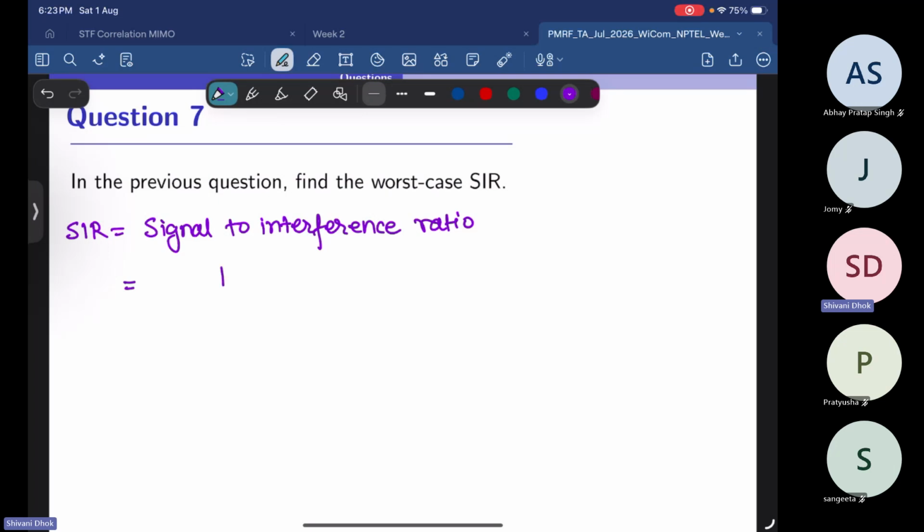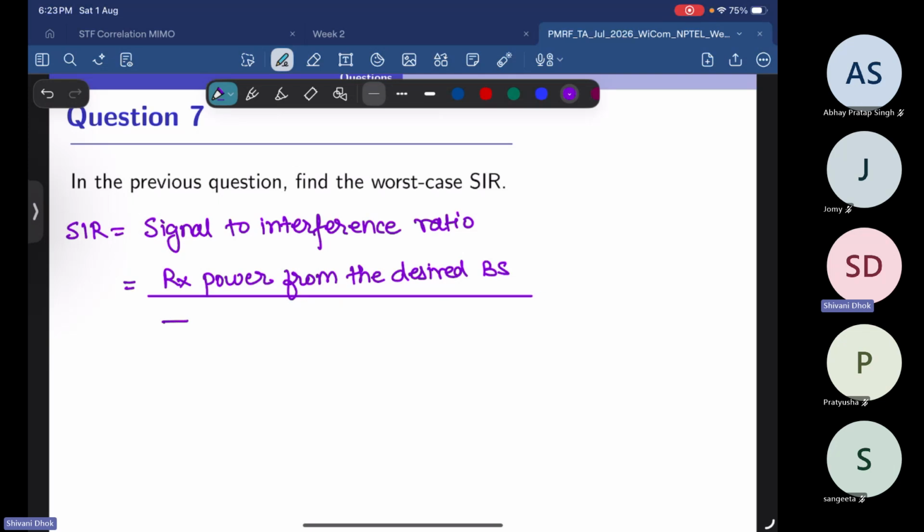this is equal to your received power from the desired base station divided by the summation of i equal to 1 to 6, we'll just focus on the 6 co-channel tier 1, received power from the ith interfering base station.